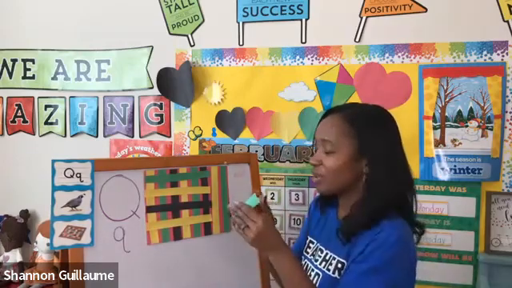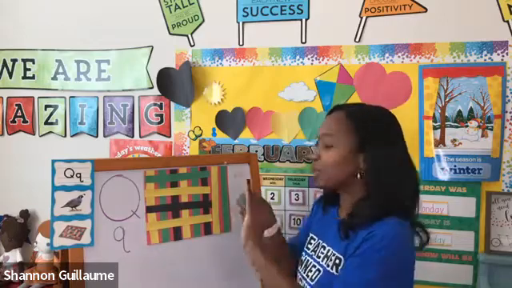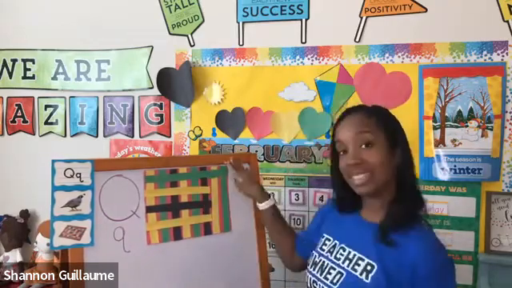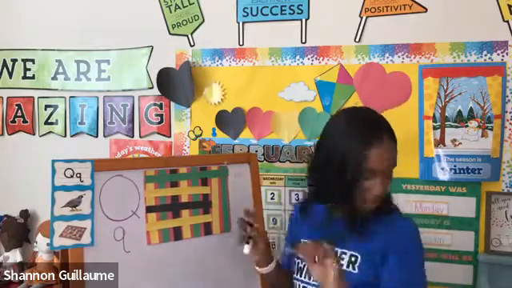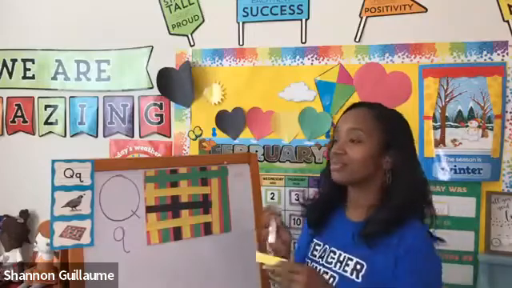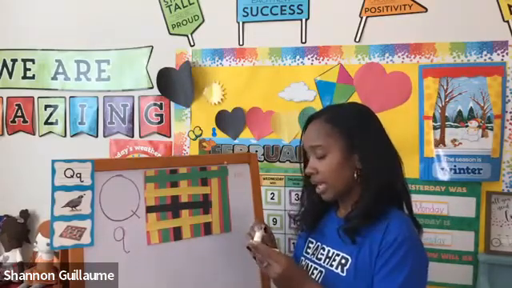Okay, I'm going to go with my short pieces. I'm going to glue those right here on the side. See that there, friends? We're rocking and rolling. All right. We have yellow.